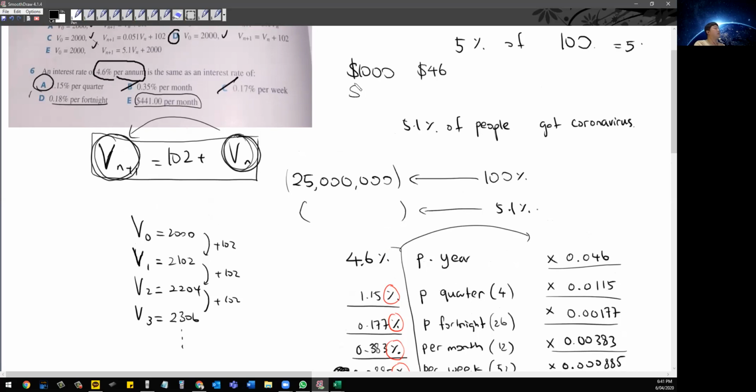And if you have $10,000, then it'll be $460, right? So it just depends on how much money you have. The question doesn't mention how much money you have, so you don't know how much that interest will be. So that's completely wrong. So I will just go for A.